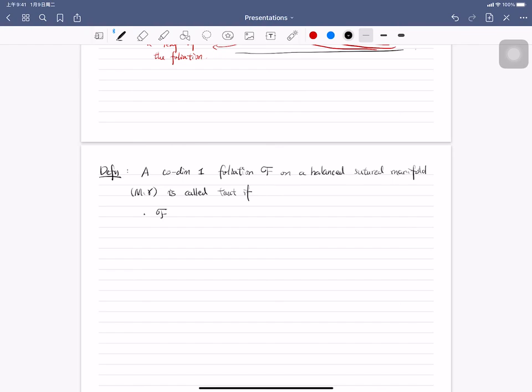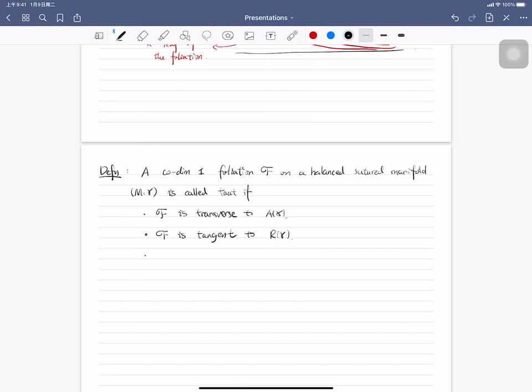First, F is transverse to A of gamma, which means every leaf of F is transverse. Second, some leaves of F are tangent to R of gamma.